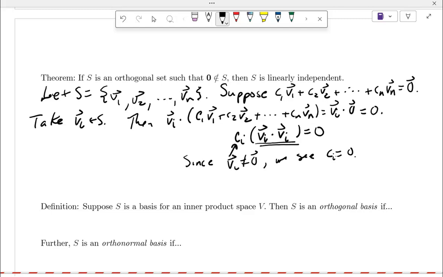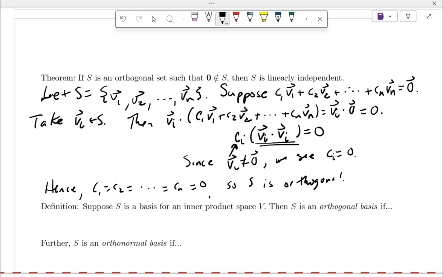So hence C1, C2, all the way out to Cn has to be 0. So S is linearly independent. Orthogonal sets are always linearly independent so long as you don't throw in the 0 vector.